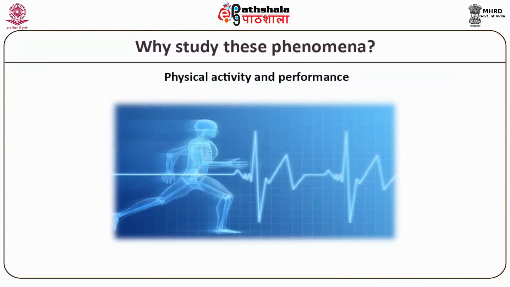Physical activity and performance. Regular participation in physical activity is presumably necessary for optimal growth and maturation of a child. However, to evaluate and recognize the potential effect of physical activity, an understanding of the normal process of growth and maturation is important.